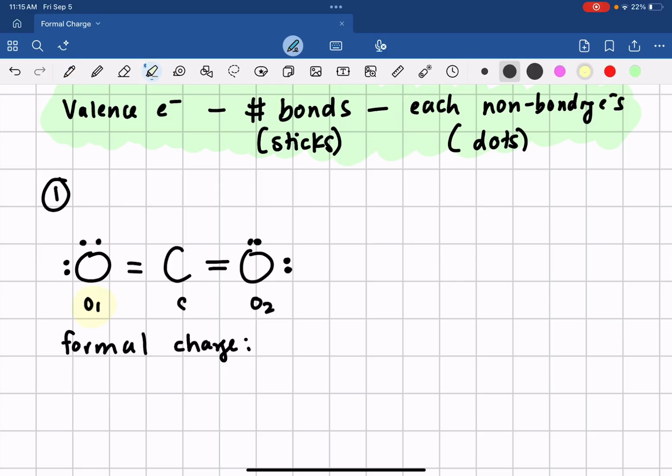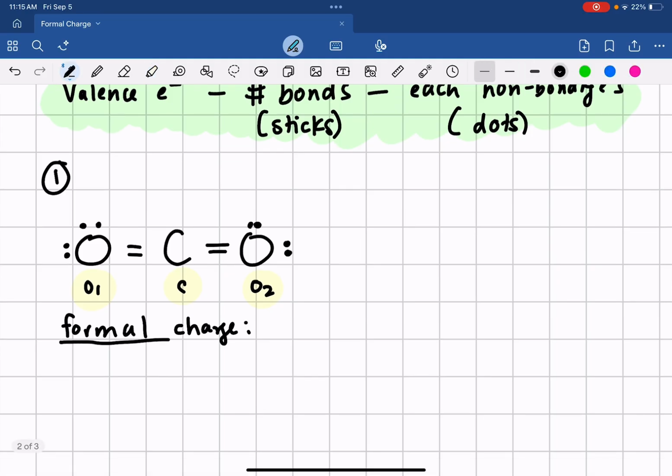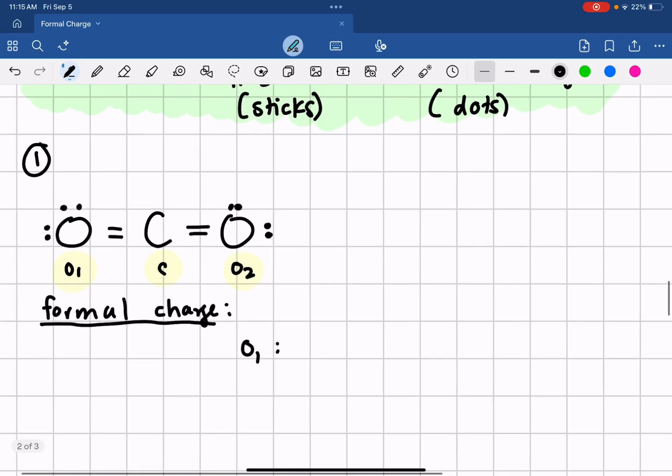I'll highlight those and calculate each formal charge. Let's begin with oxygen 1. Let me actually color code the oxygen so it'll be easier for us to understand.